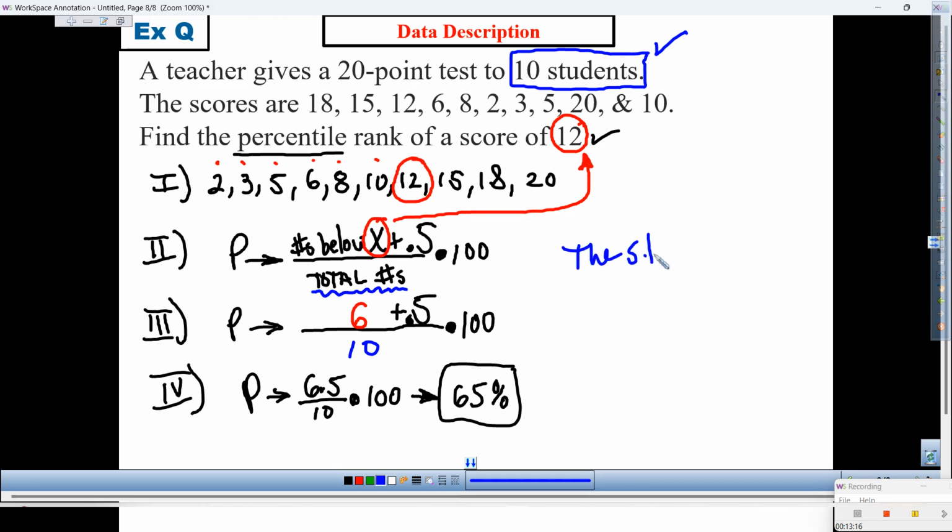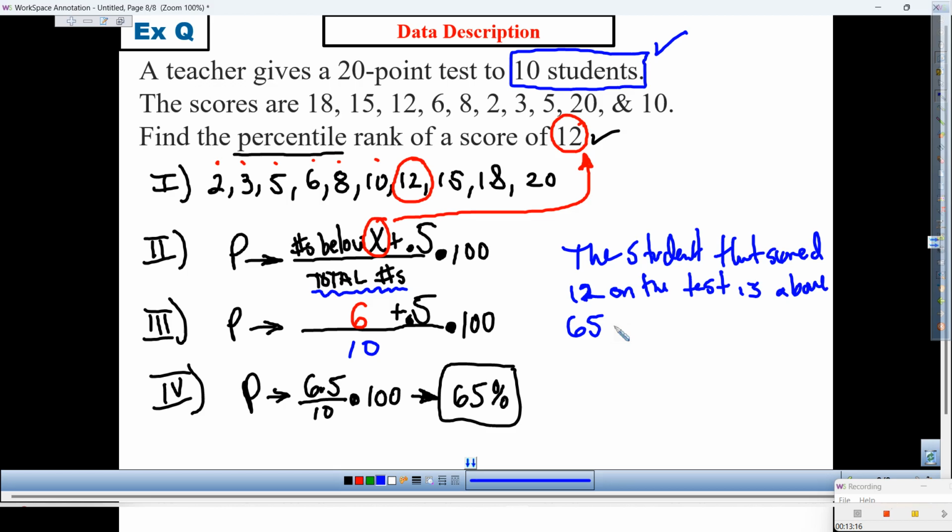The student that scored 12 on the test is above what, everyone? 65 percentile. Percentile from the class.